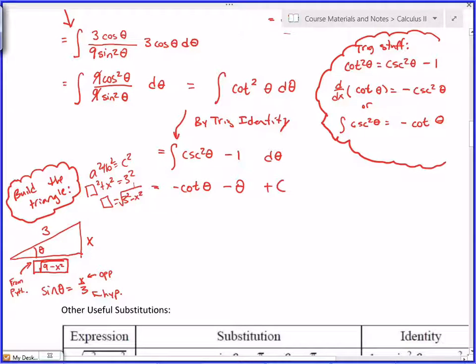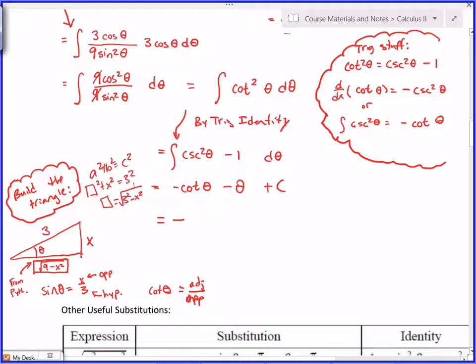Okay, so if that's the case, then what is cotangent? Cotangent is cosine over sine, so it's adjacent over opposite. You said it right. I said it wrong.